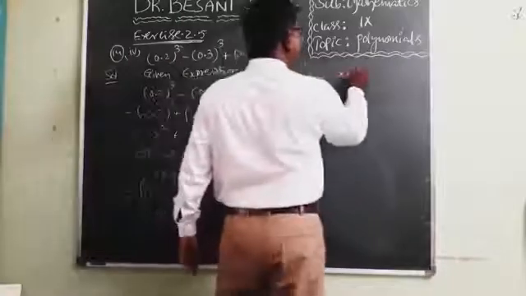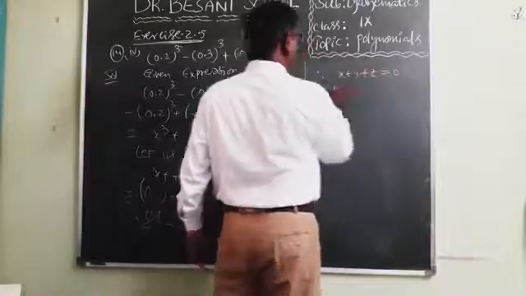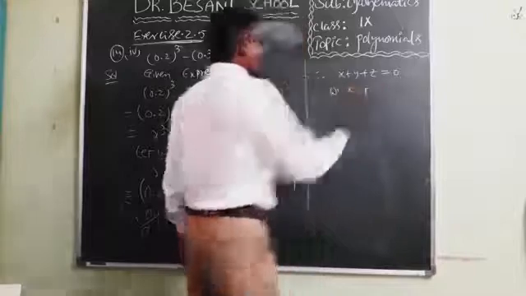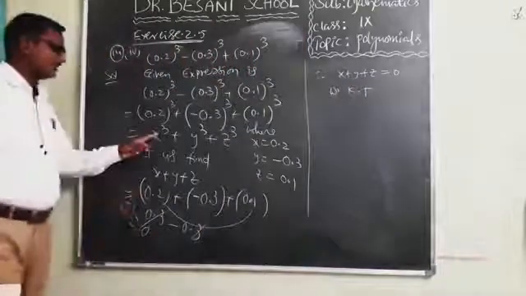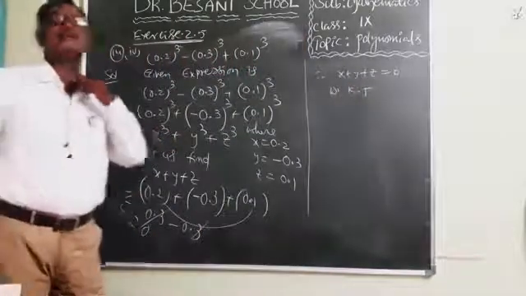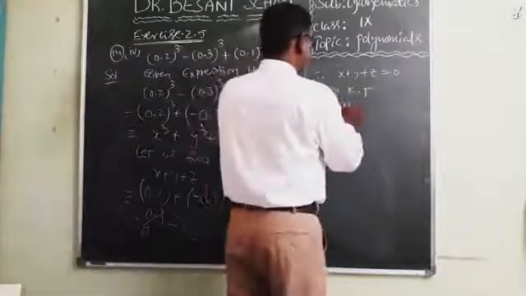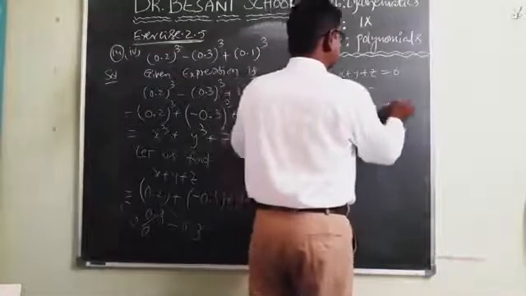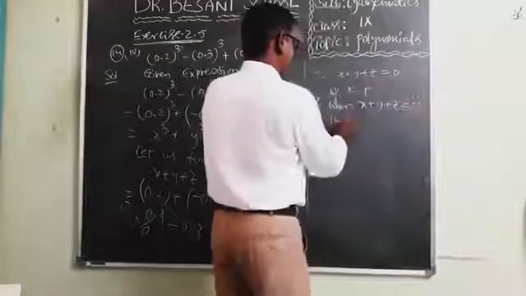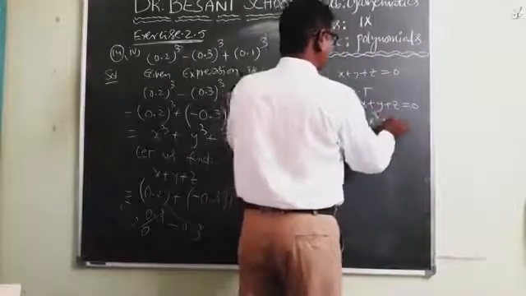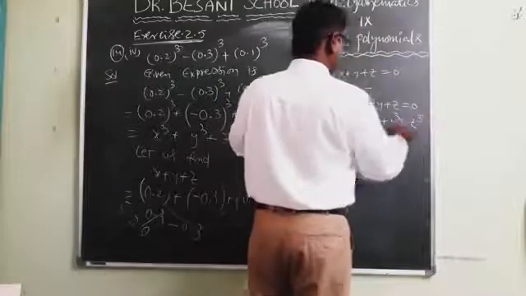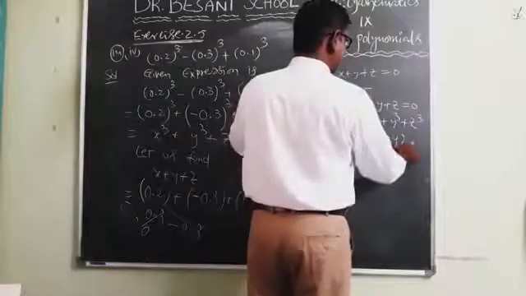Therefore x plus y plus z is equal to 0. As we all know, whenever x plus y plus z is equal to 0, then x³ + y³ + z³ = 3xyz.